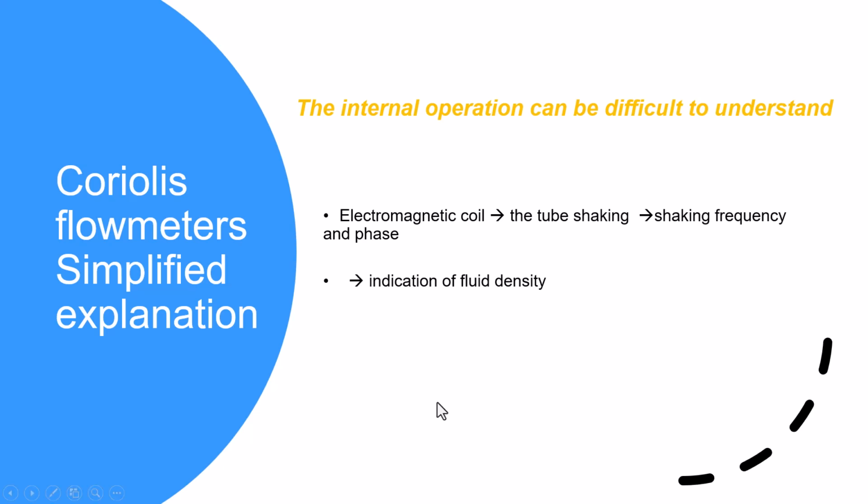Every Coriolis flowmeter has at least one tube inside, most times two tubes or three tubes. The tube shaking creates a shaking frequency and phase, which is the indication of fluid density.